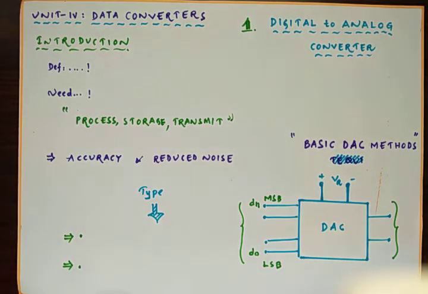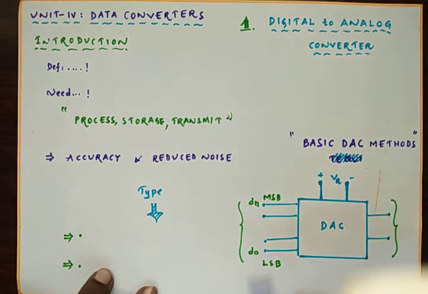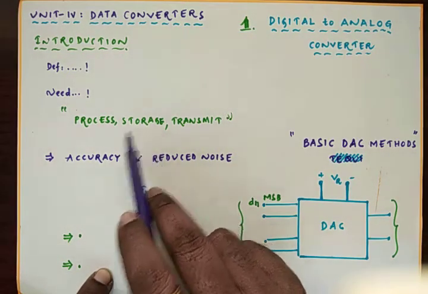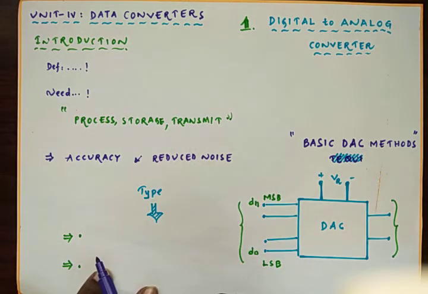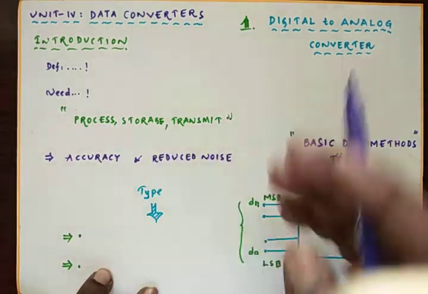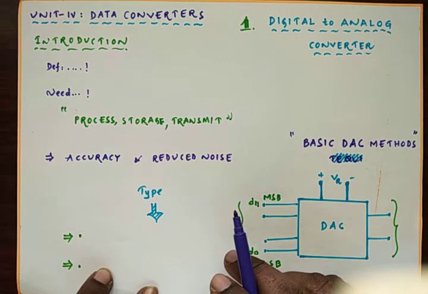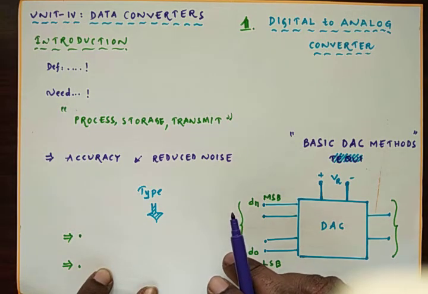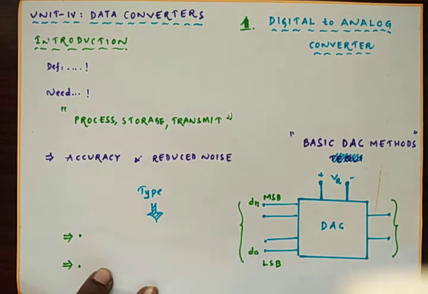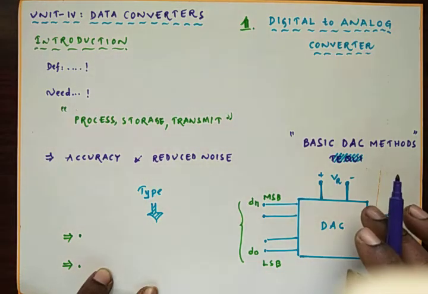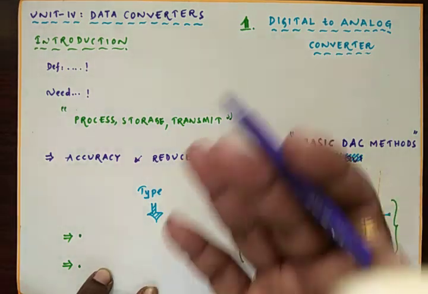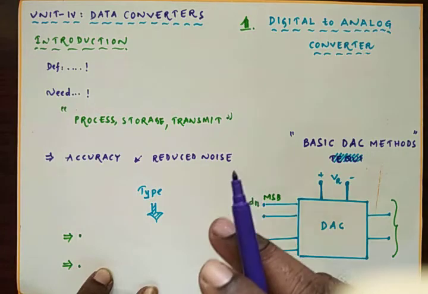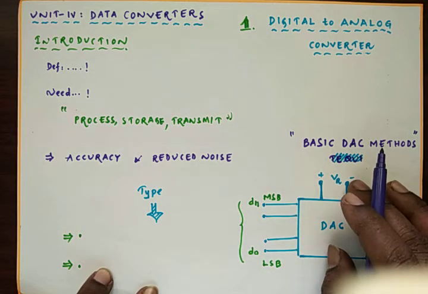The point is very clear here. We have two forms of data, analog data and digital data. When we process, store or transmit analog data as it is, it requires much space and has some difficulties. It is very difficult to process, transmit or store the analog form of a quantity.